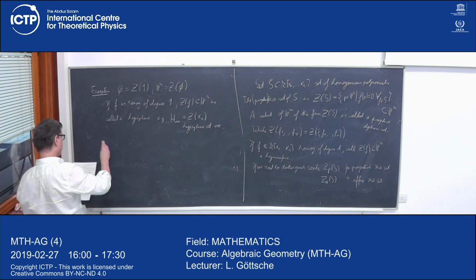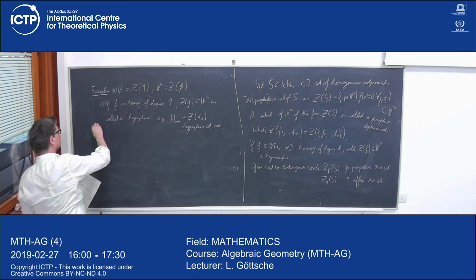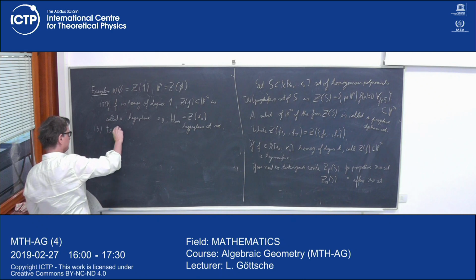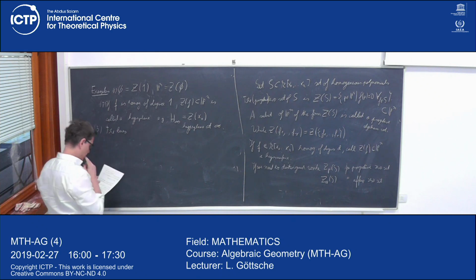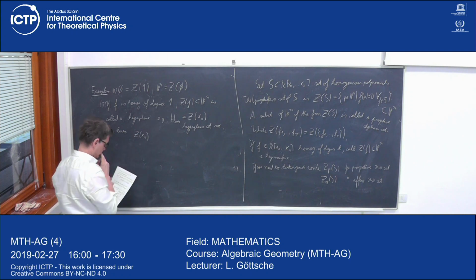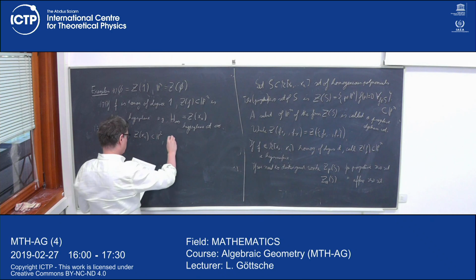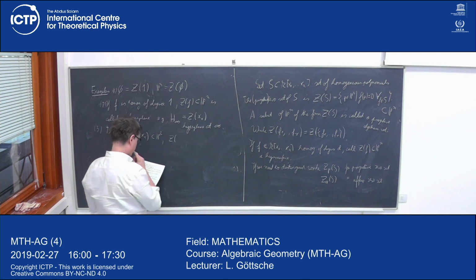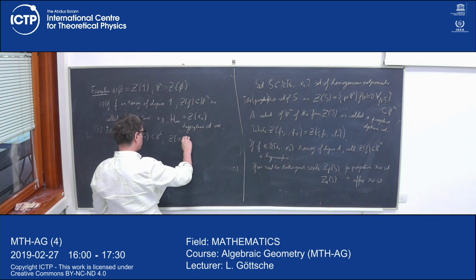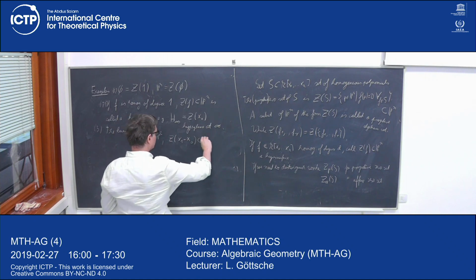So if I take the lines, say the zero set of x1 in P2 and the zero set of x1 minus x0 in P2.